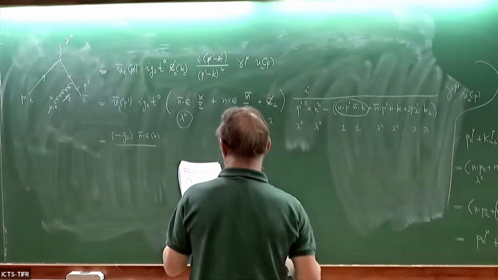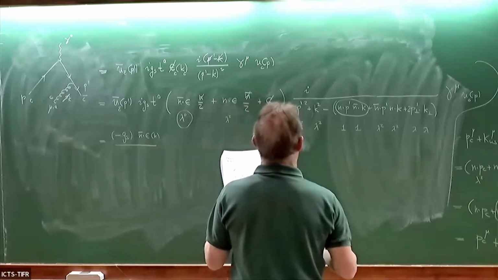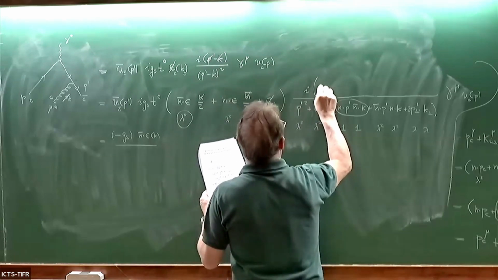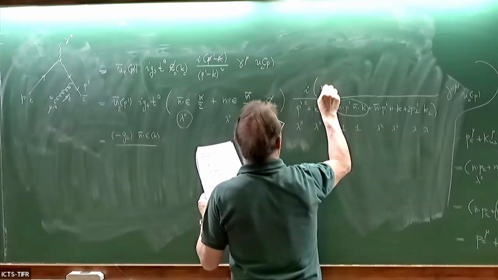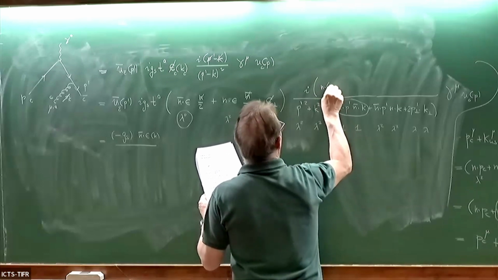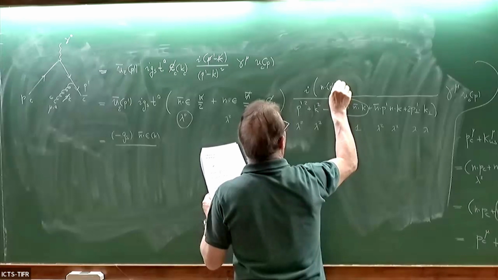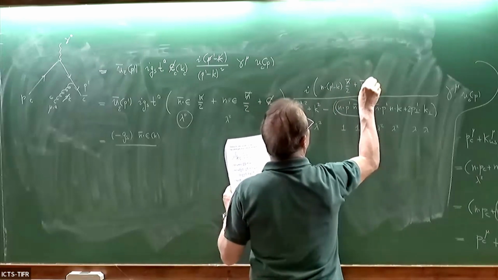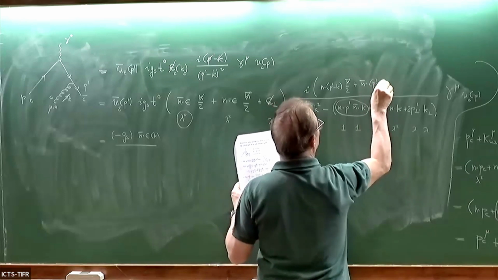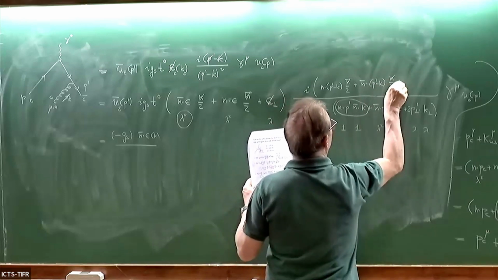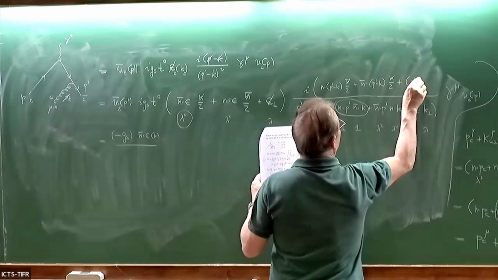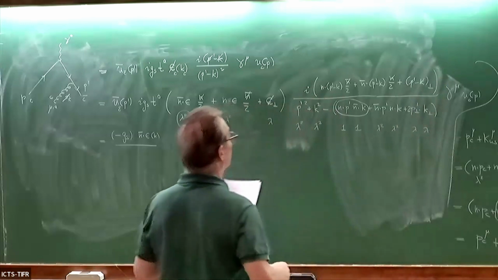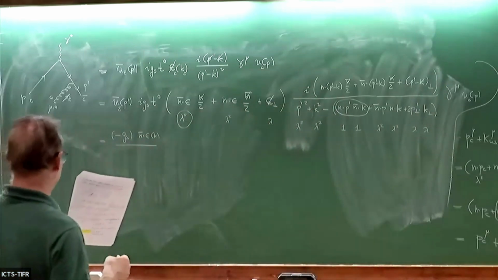Oh, I forgot it. So I get n dot P prime minus K times n bar slash over 2, plus n bar dot P prime minus K times n slash over 2, plus P prime minus K slash perp. Thank you. I was looking for something in the numerator.